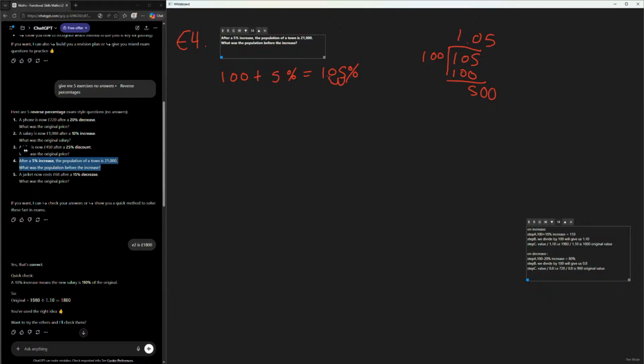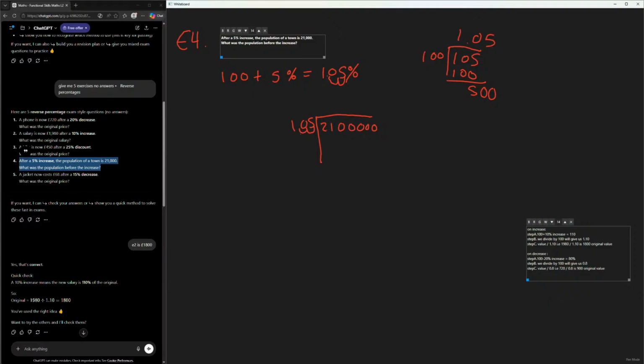Then we divide the value 21,000 by it. Oops, let's not do this there, we're not going to have space. 21,000, 0.5. To take this there, we need another 2 zeros.